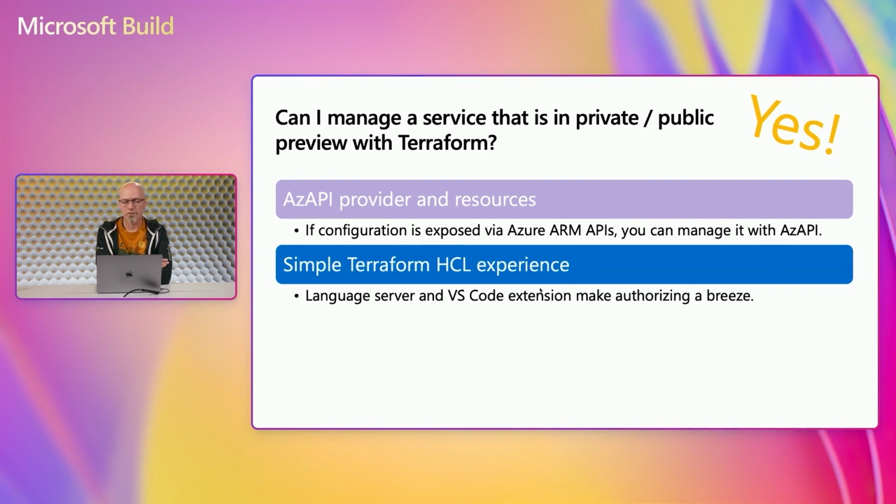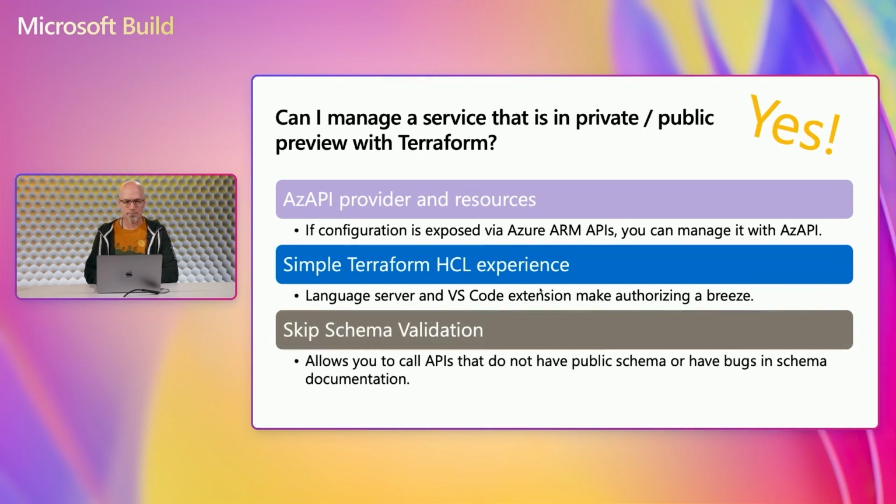So you get that full fidelity of what properties I need to add to this thing without having to dig into the low-level REST documentation. We also, because private preview features and functionality cannot have their APIs documented, give you the ability to skip that validation.